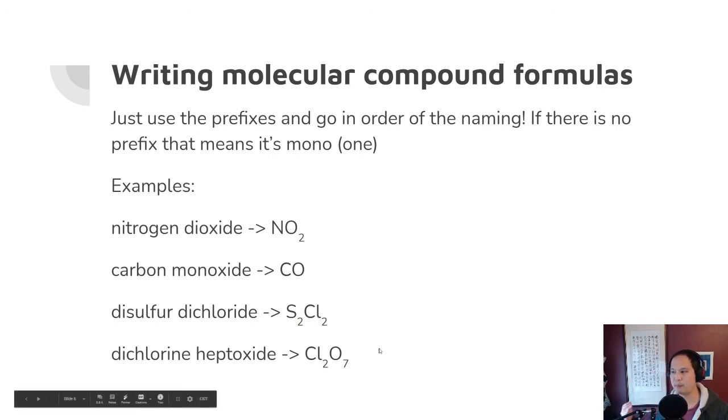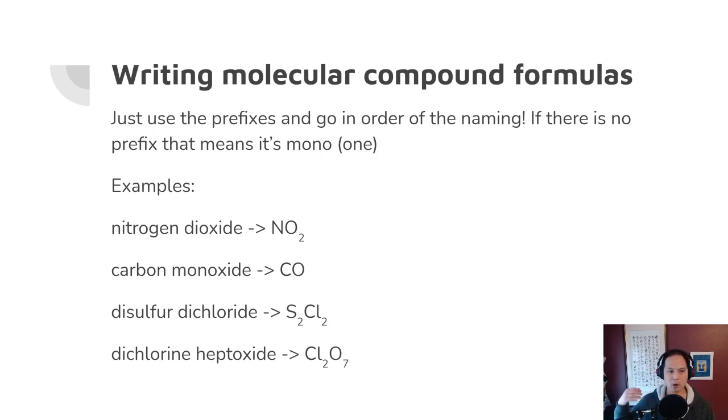Okay. So when you're writing the compound formulas, the name tells you exactly how many of each thing there is. All you've got to do is take the prefix, translate it to the number in your head, or use the chart if you haven't memorized it, and then put it in there. Okay. And so that is writing molecular compounds.